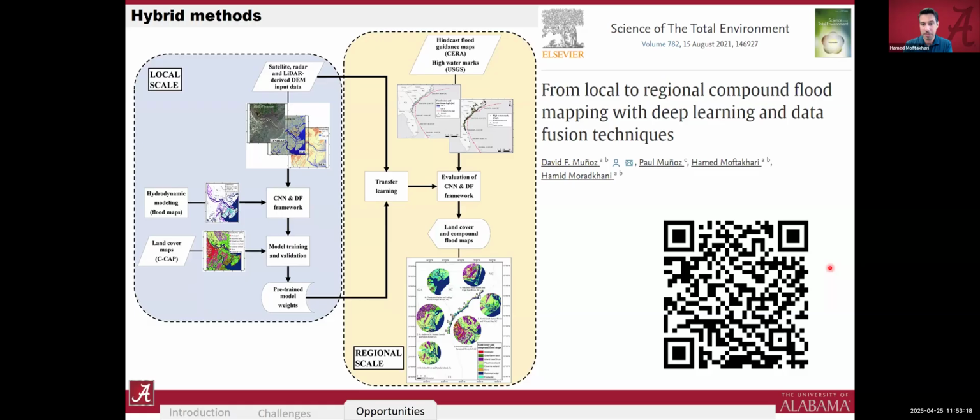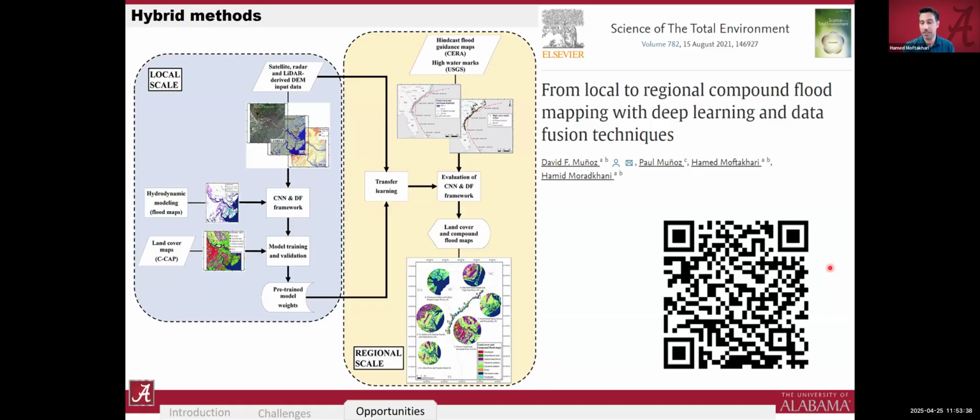So in this paper, we proposed merging data fusion and deep learning with numerical modeling. The idea here is to train your algorithm locally, and then it would be much more efficient and much more accurate than simply applying those algorithms regionally.